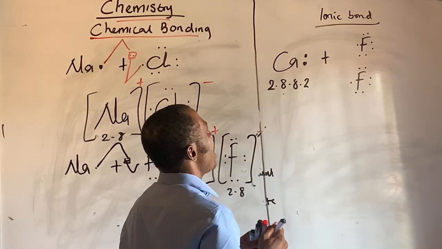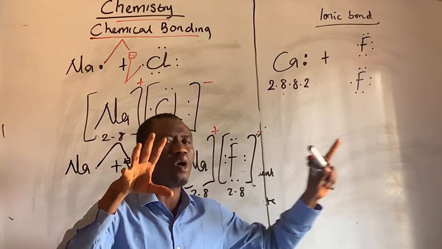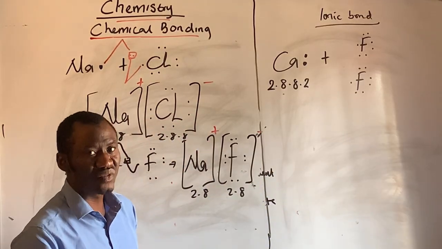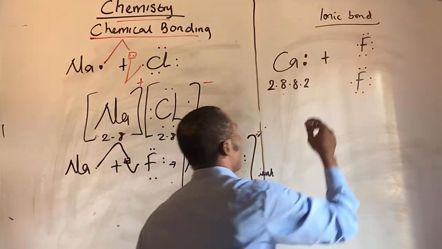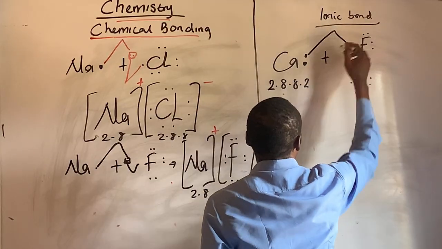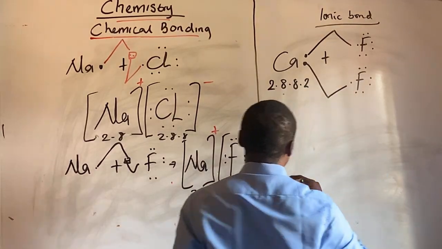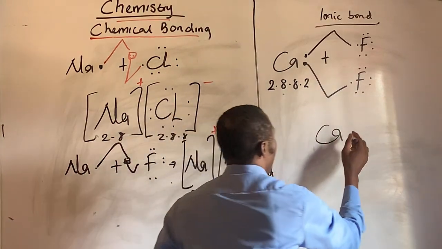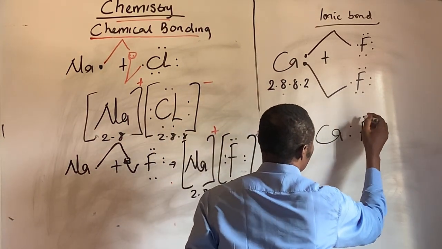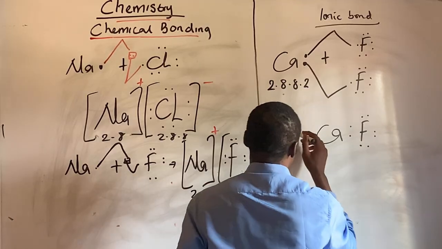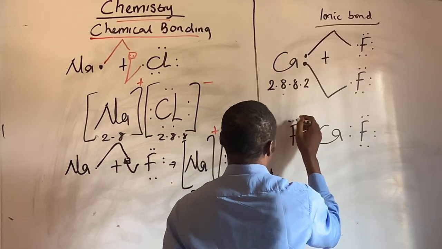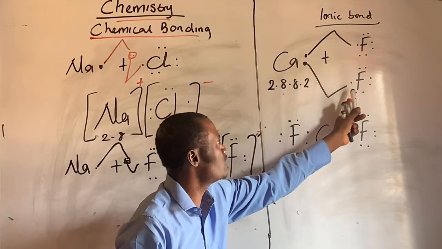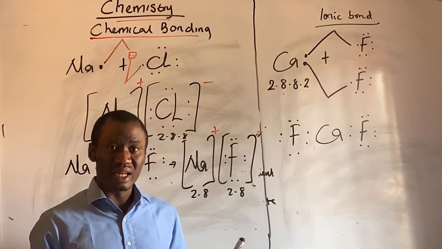Now, this calcium is going to give out the 2 electrons, and the fluorine will receive the electrons. So this will come to this side, and this will come to this side. So the Lewis structure I will have will be calcium fluoride. Now, this one is happy because 1 electron is transferred here, and it is 8.